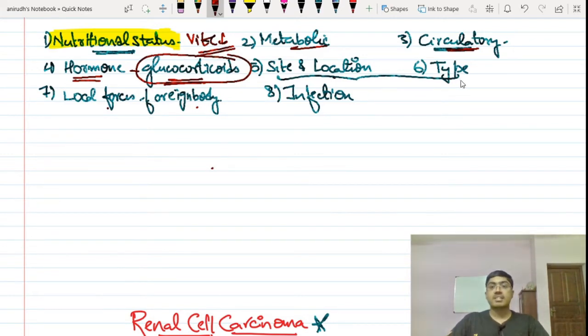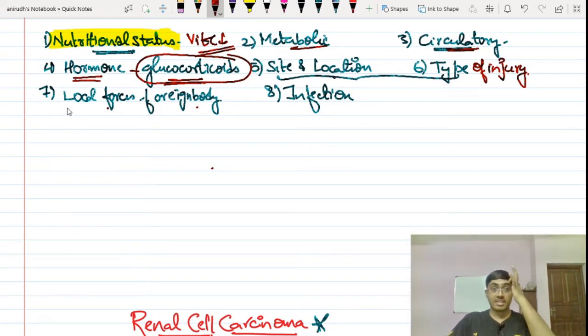Site, location, and type of injury is very important. There are certain parts of the body where actively regenerating cells are there. So in those kind of areas, if a wound is happening, then that wound will have more propensity towards healing, isn't it? And in certain other areas, like let's say that you have a myocardial infarction, those cells will have difficulty in regeneration. So that's the importance of site, location, and type of injury, isn't it?